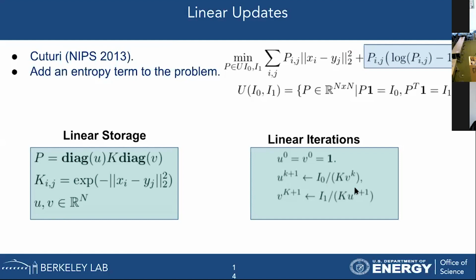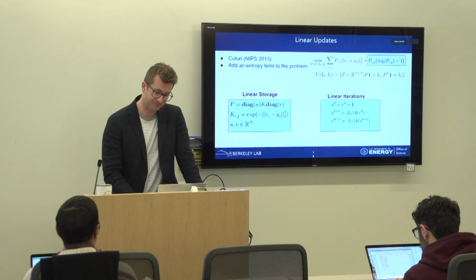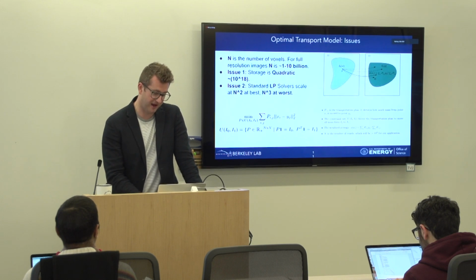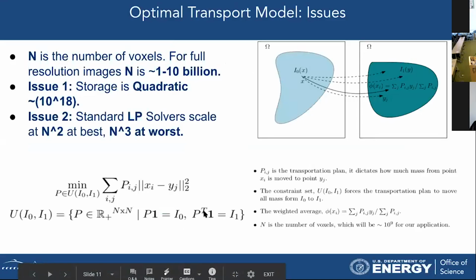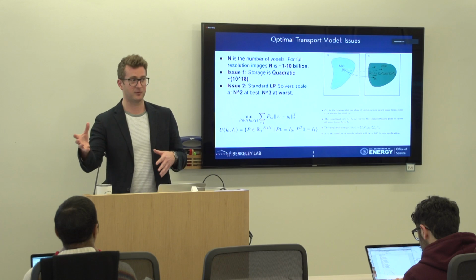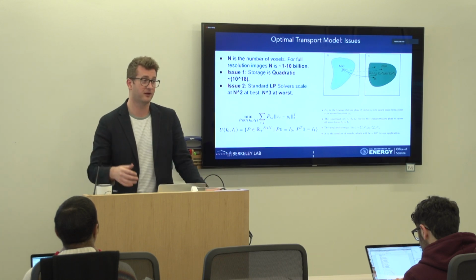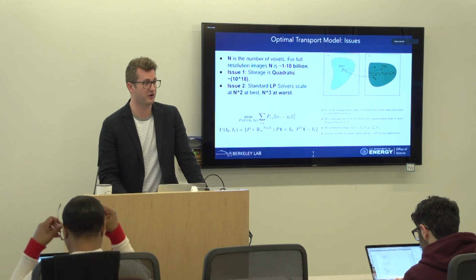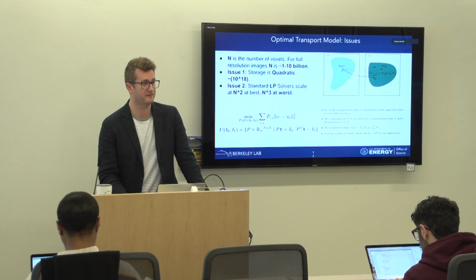There are strategies to mitigate it, and we implemented most of those. But there's also a larger issue: you have to have all mass from image 0 go to image 1 as a hard constraint. Otherwise, this is an empty set and this algorithm won't apply. So one thing we're looking at is loosening that up. Not everything needs to get transported over. It can just be close enough. I don't know if that answers your question.